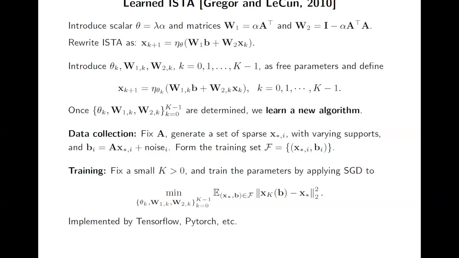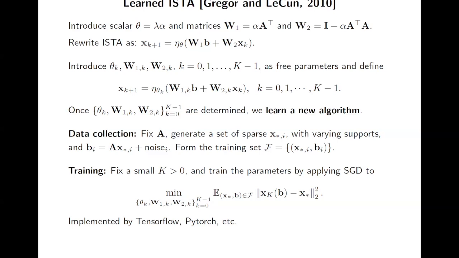Nowadays this kind of work can be easily implemented by deep learning frameworks. As a researcher, what we have to do is first define the iterative formula and then define the data set, and that's enough.